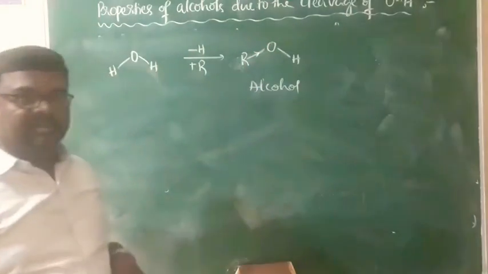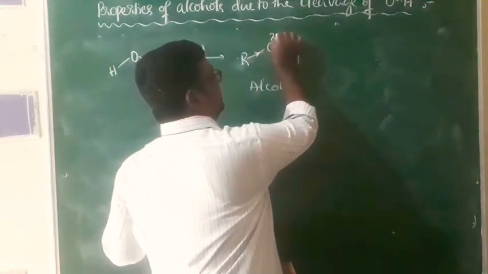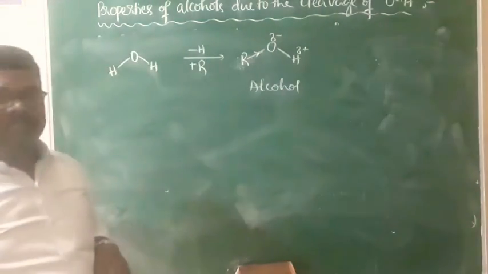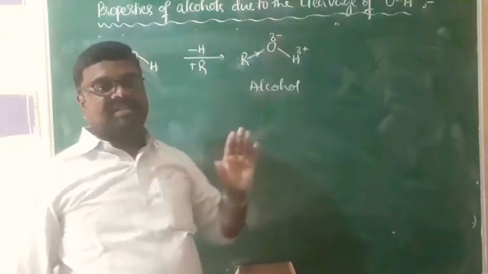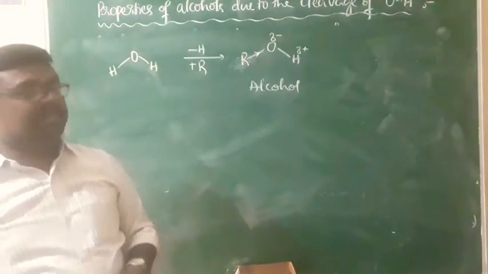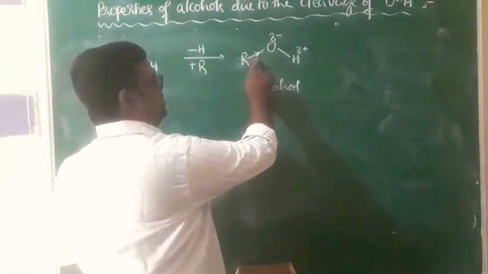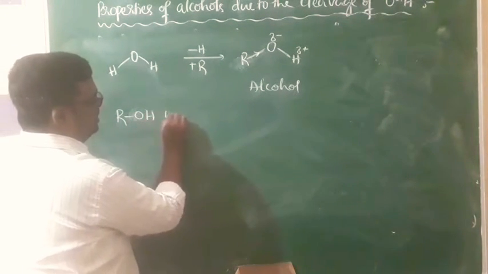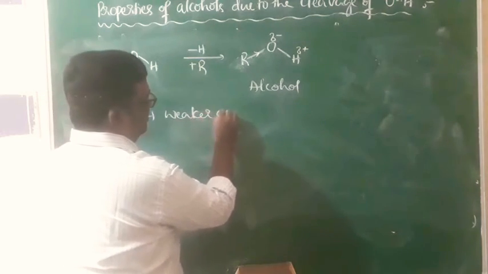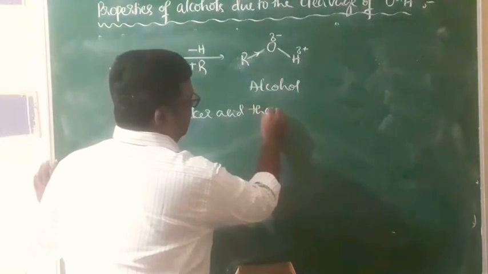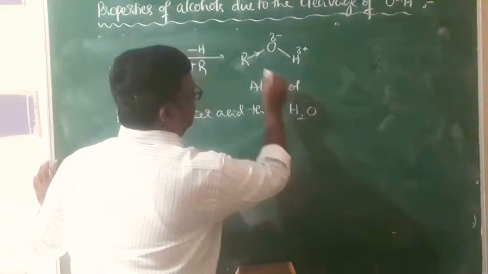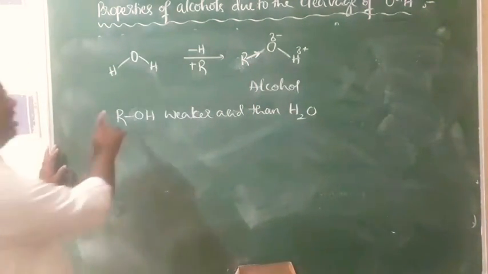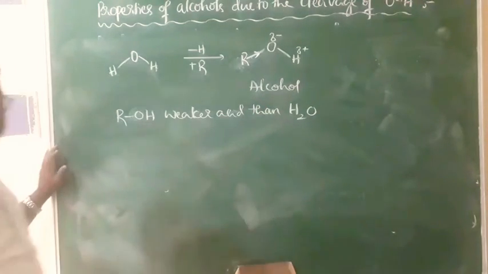Due to the electron releasing group, the polarity of the OH bond decreases, the OH bond strength increases, and therefore acidic strength decreases. Therefore, due to the presence of electron releasing groups, ROH is a weaker acid than water. In water we don't find any electron releasing groups.